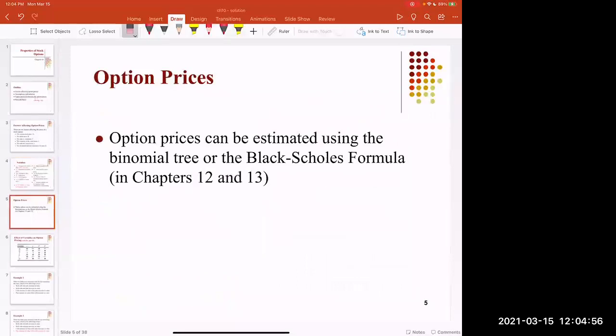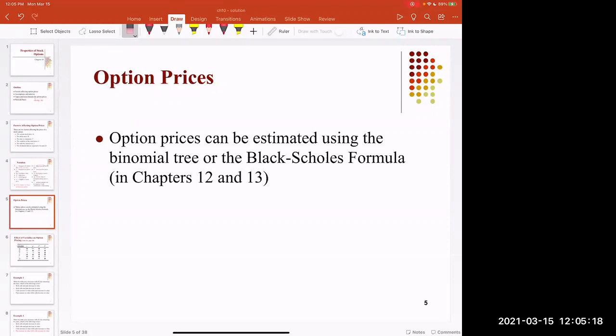Next, option price. Option price can be estimated using the binomial tree or the Black-Scholes formula model. These are topics we're going to cover in chapters 12 and 13, after we do the second exam.